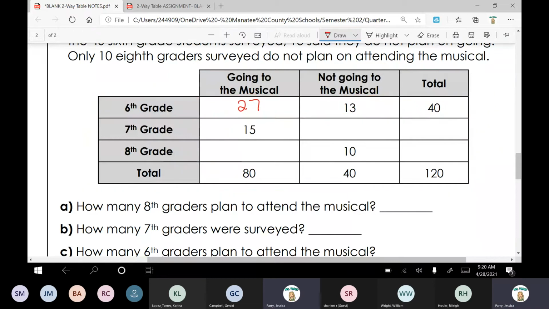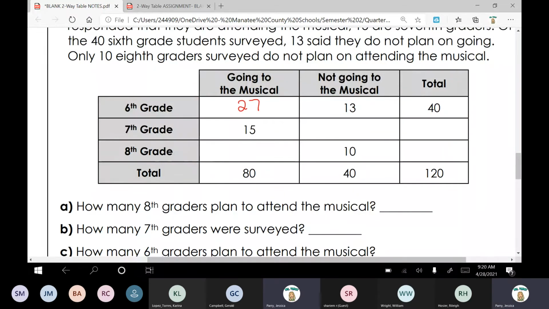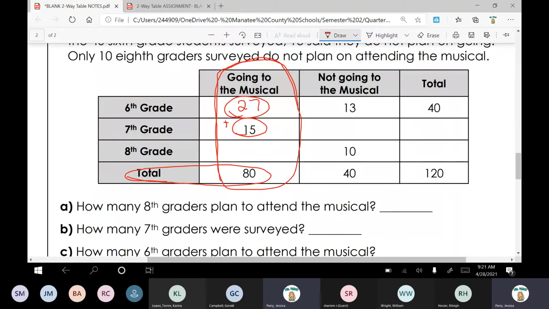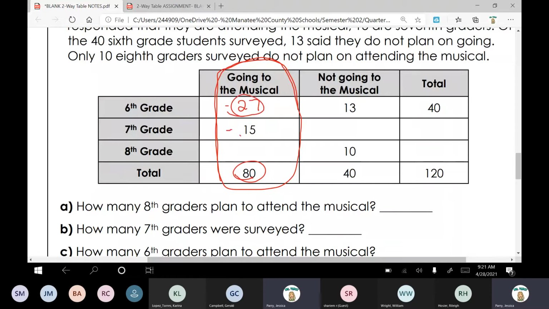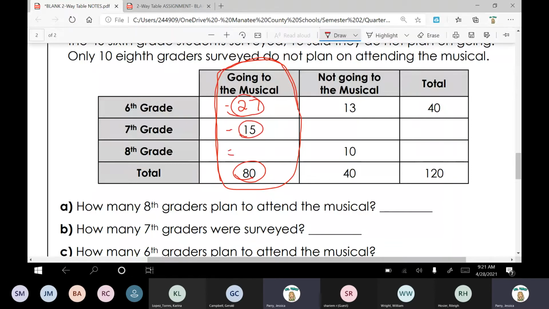Okay, let's look at another section here. Let's look at our section for going to the musical. If we know our total is 80, what you would normally do is 27 plus 15 plus this equals 80. But we don't know what that is, so we can actually go backwards and do subtraction. Let's do our total of 80 minus, start at the top, 27 minus 15, and then that's going to give you your answer here.